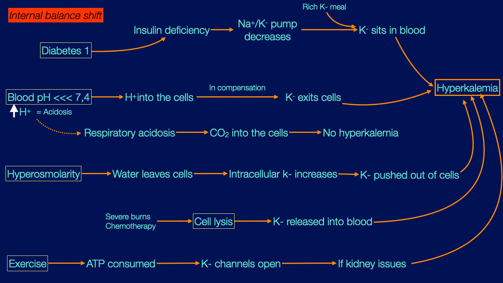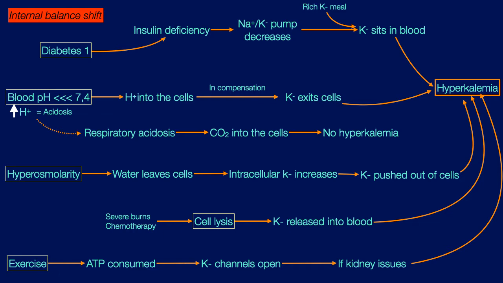Another cause of an internal potassium balance shift could be an acidosis, which is when the blood becomes too acidic. In other words, there's a higher concentration of hydrogen ions, which means a lower blood pH. We will see that in the next video.